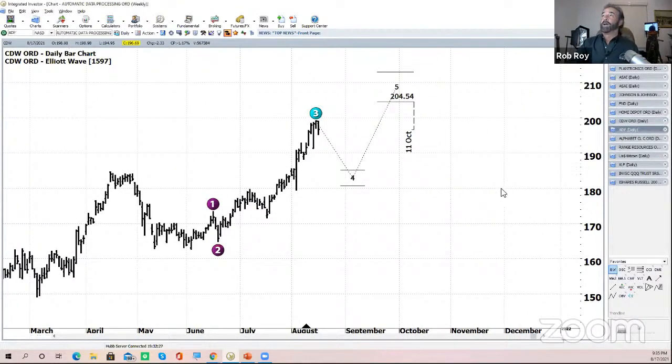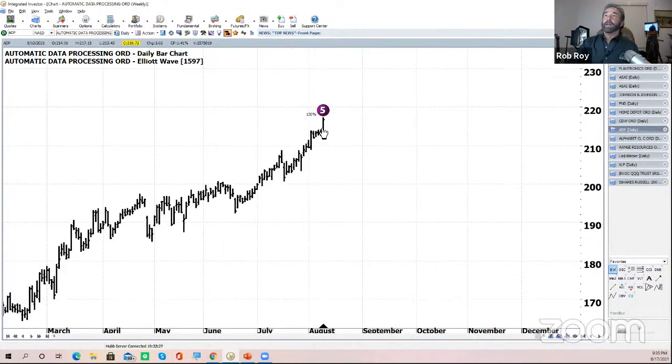And then we also had ADP, and you can see we had a big move there. And then you look and see, oh, it's just consolidated. So we've consolidated sideways, haven't pulled back, but haven't moved forward. So that one's at break even. So CDW from last week is profitable. ADP is break even.